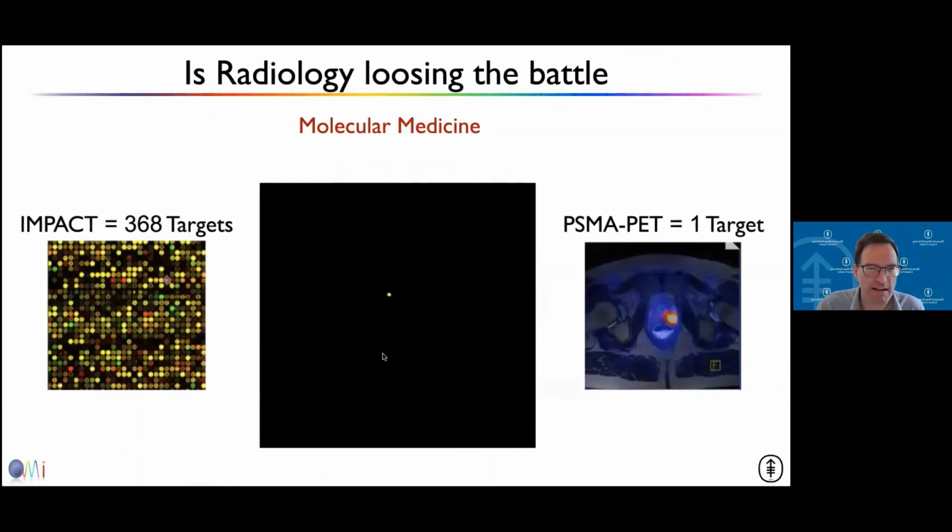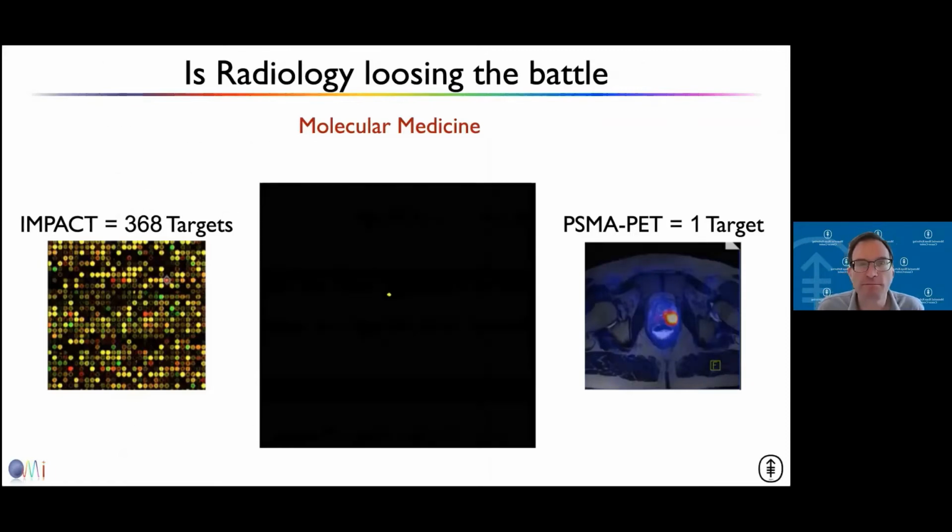Now, IMPACT has these 368 plus targets, and if you look at the PSMA PET, you got one target. So we were basically running in imaging against molecular medicine by only being able to image one target at a time. And here you look at this whole range of multiple targets, probably more by now because the slide is maybe 2-3 years old now.